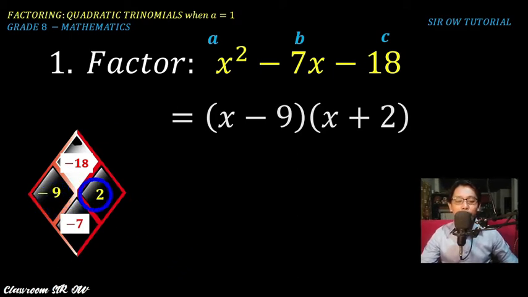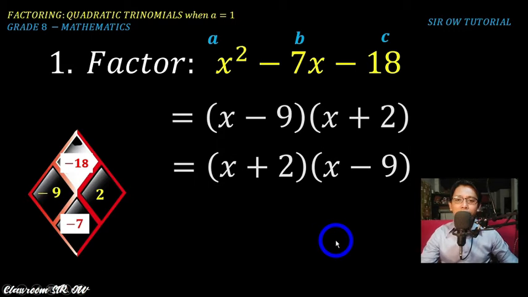Negative 9 times 2 is negative 18. And if you add negative 9 plus 2, they are unlike signs, so we subtract them, and negative 9 plus 2 is negative 7. Whatever the signs of the numbers negative 9 and 2 are, they are also the signs of your factors, which is now x minus 9, x plus 2.